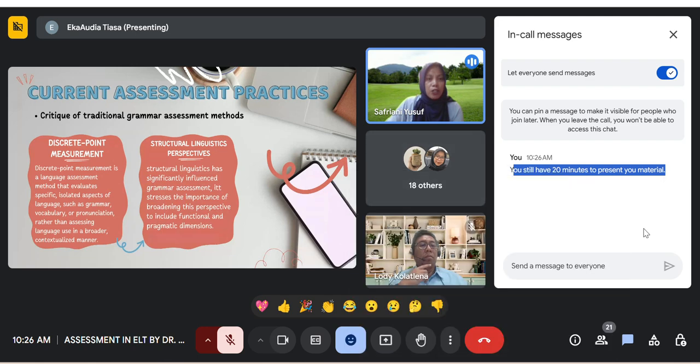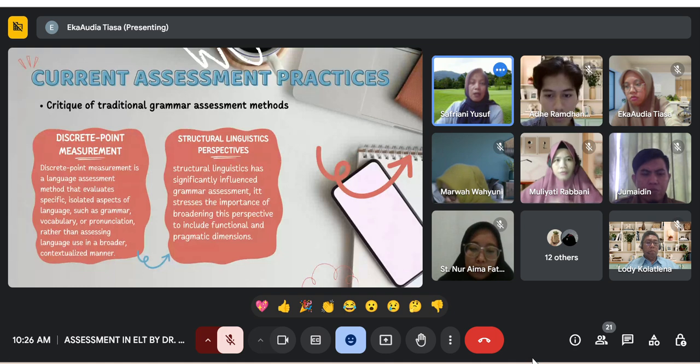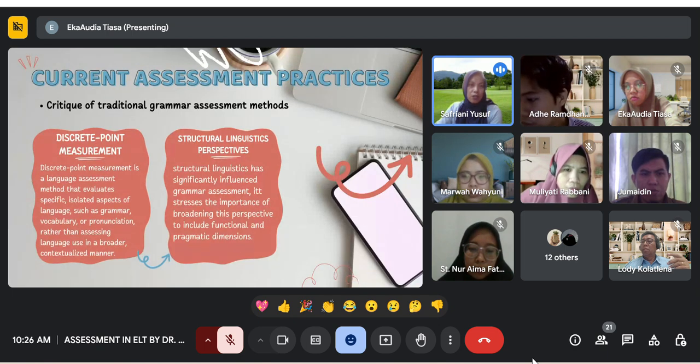Criticism of traditional grammar assessment methods primarily centers on their heavy reliance on structural linguistics and discrete point measurements, which have long been dominant in the field. These conventional approaches often emphasize memorizing grammar rules, analyzing language structures, and completing translation exercises, as Audi already explained before.